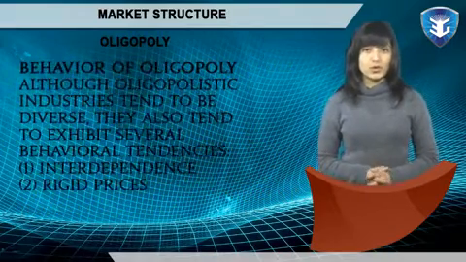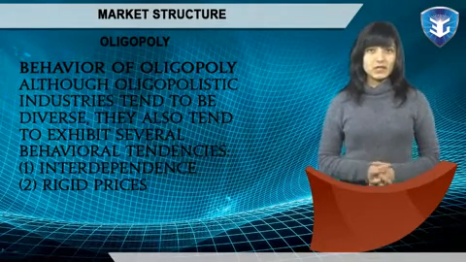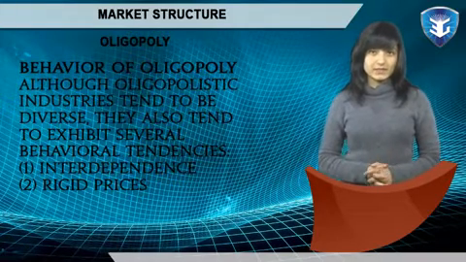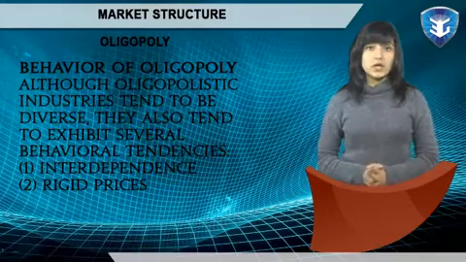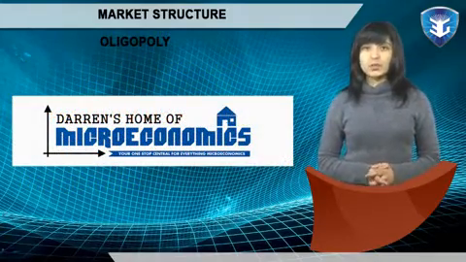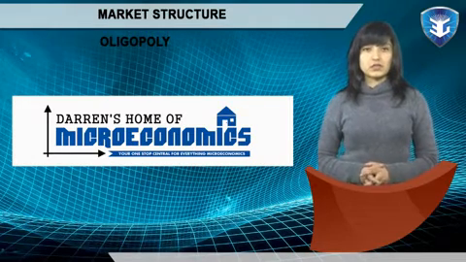Behavior of oligopoly. Although oligopolistic industries tend to be diverse, they also tend to exhibit several behavioral tendencies. Interdependence. Rigid prices. Interdependence: each oligopolistic firm keeps a close eye on the activities of other firms in the industry.